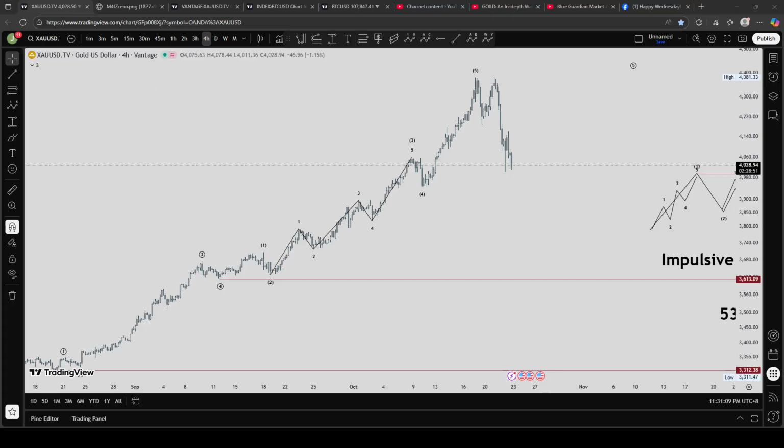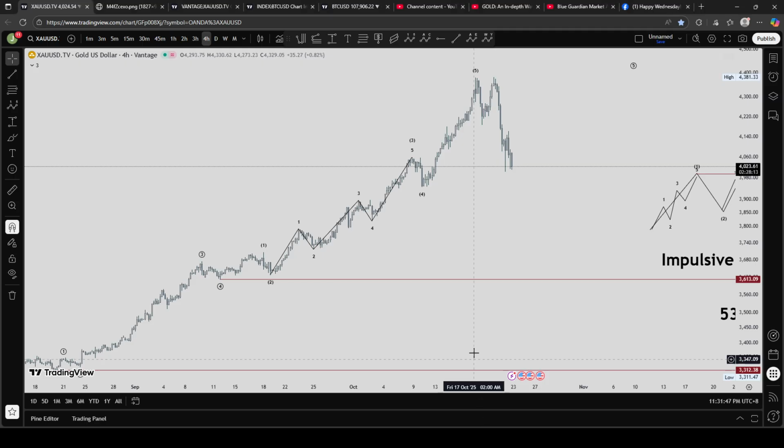It was mentioned already that the first rule states that wave 2 should not go beyond the territory of wave 0. That's correct. What's the second? Wave 3 should not be the shortest. Okay, wave 3 should not be the shortest. I can see Illumi answering the two rules already.